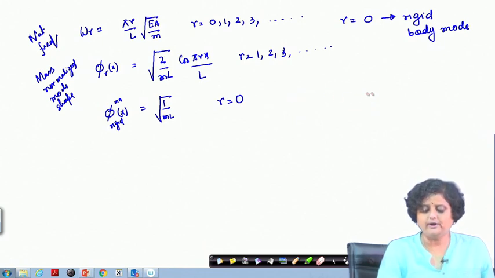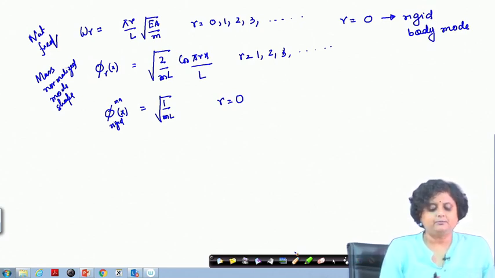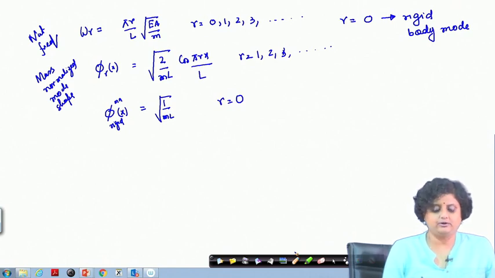So, how are we going to solve the problem when there is a rigid body mode? What usually is done is that the rigid body is separated out from the system and the problem is formulated, or solved, only for the flexible mode or the non-rigid body mode.